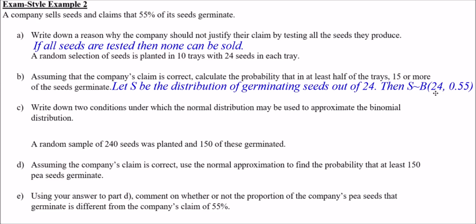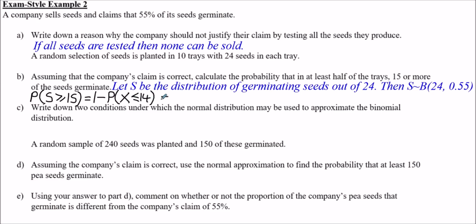So for this one, we can calculate the probability that 15 or more germinate for just one tray of 24. So the probability of having 15 or more germinating seeds, S being the number of seeds, is 1 minus the probability that actually 14 or fewer germinate.